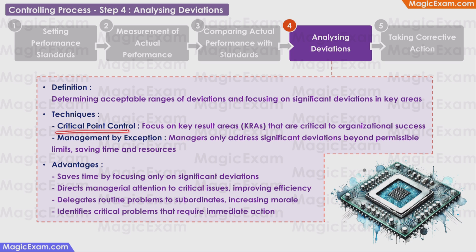The first is critical point control, which simply says that it is not worth the time and effort of the management to analyze all deviations. You should focus on the key result areas or the important areas which have a significant impact on the process or on the organization. For example, if you have a manufacturing process which is using 10% more electricity than expected and 15% more water than expected, you should probably focus on analyzing and controlling the deviations in the 10% more electricity usage because electricity can be quite costly.